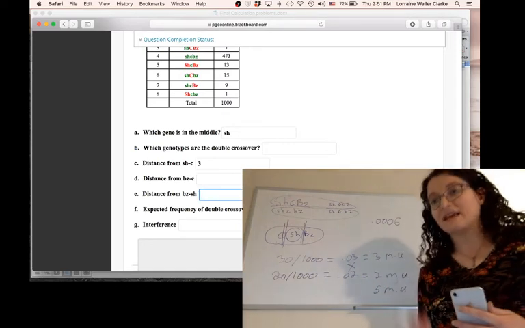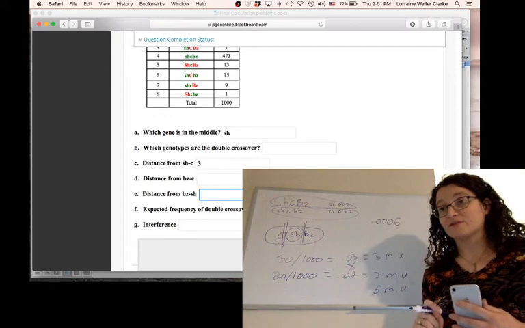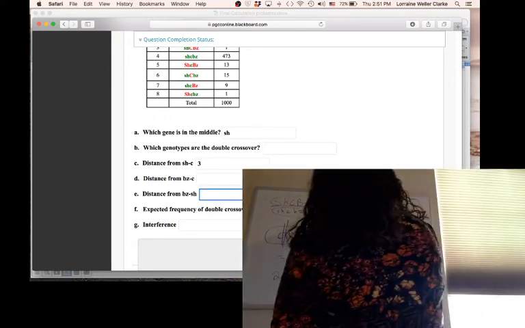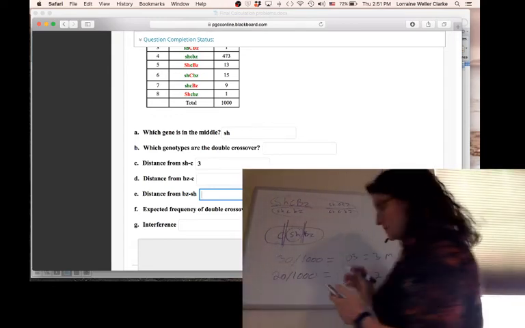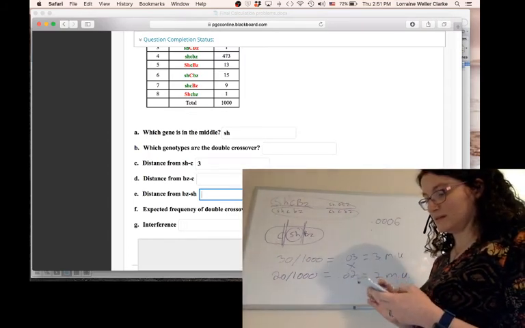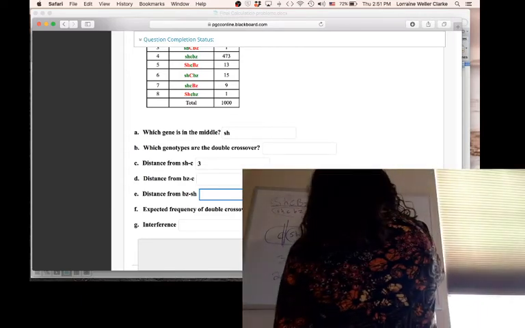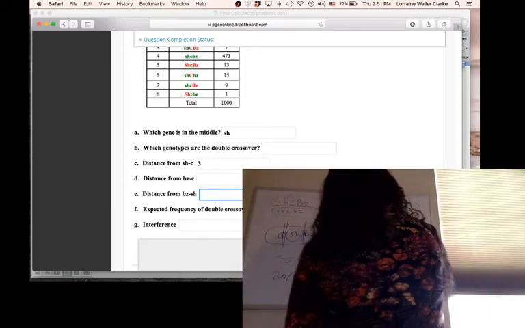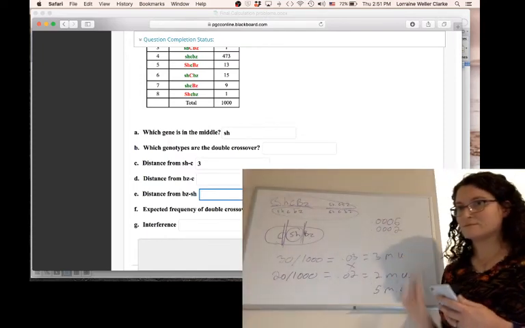Now, what is the actual? That's how we're going to find interference. The actual is 2 divided by 1,000, which is 0.002.